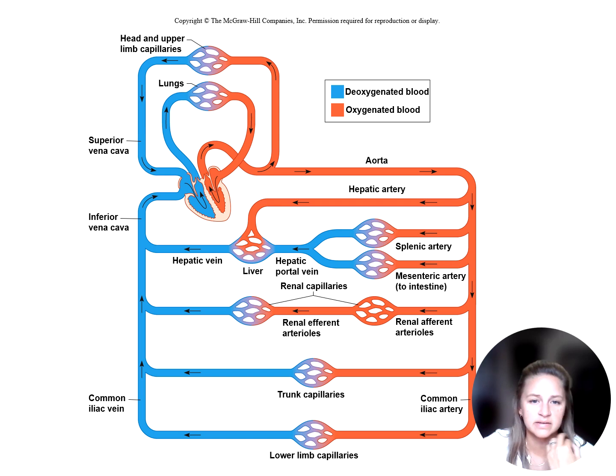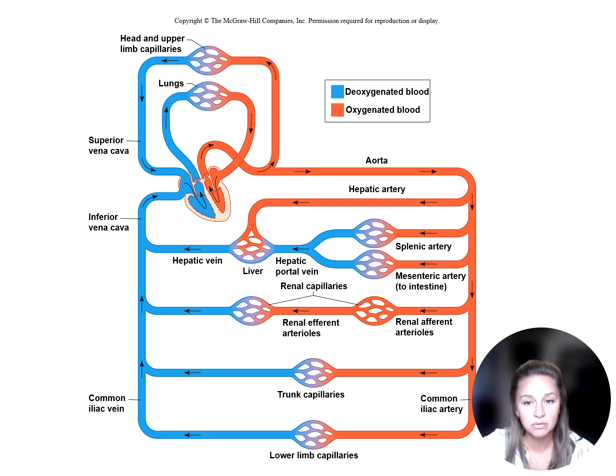So going to all of these organs here in the trunk, and then going through gas exchange, so using that oxygen in whatever system it's being delivered to, then it's returning the oxygen poor deoxygenated blood back to the inferior vena cava if it's coming from down here, or the superior vena cava if it's coming from up here, and then from there goes to the lungs, gets oxygenated again, and out it goes around and around.